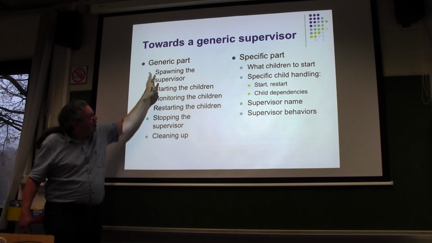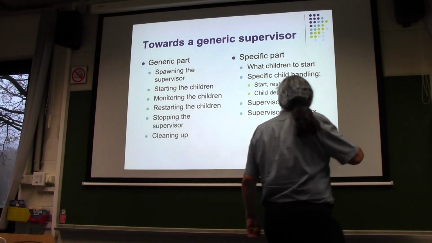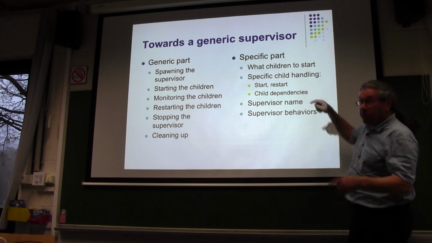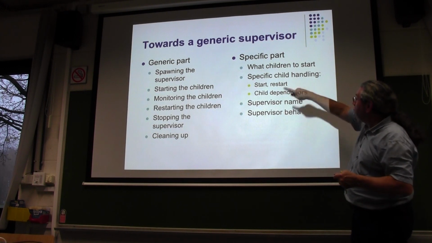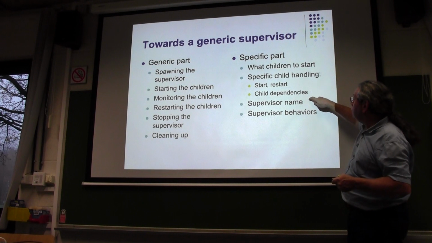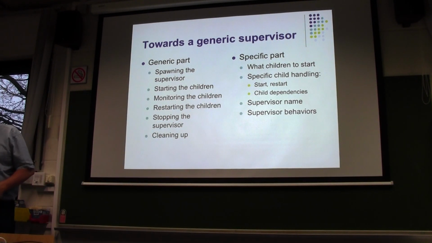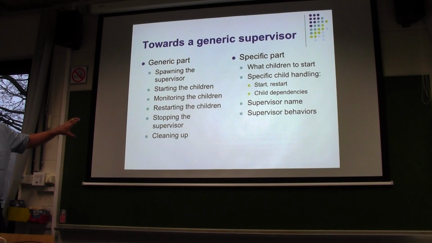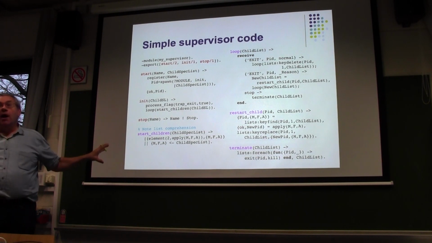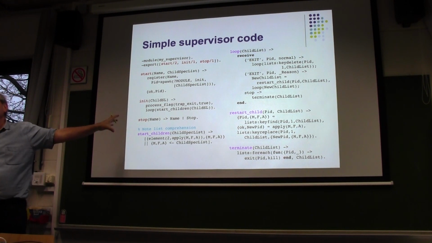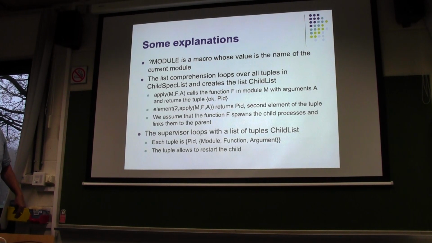So this is all generic stuff. And the specific child dependencies, maybe the children depend on each other. That might actually affect the supervisor. So there's a generic part and a specific part, okay? So that's how the supervisor works. And this gives you a simple example of a supervisor. And the real supervisor just builds on this, and it does much more than this, but it's just as easy to use, okay?